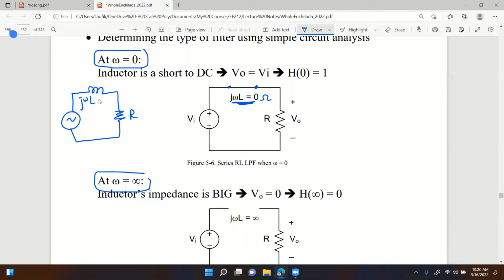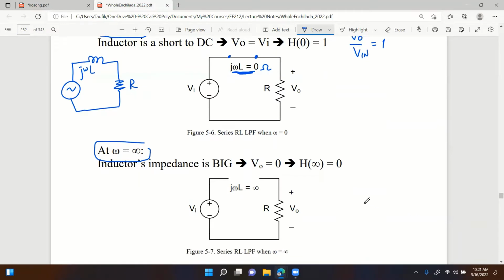So now that inductor acts like a short, we know that the output voltage has to be equal to the input voltage. If output voltage is equal to input voltage, what is the gain again? V out over V in has to be equal to 1. So now we know that at low frequencies, gain is equal to 1, or high.